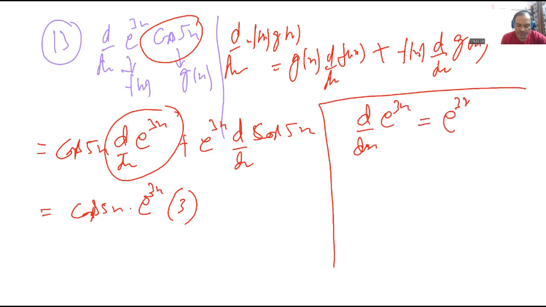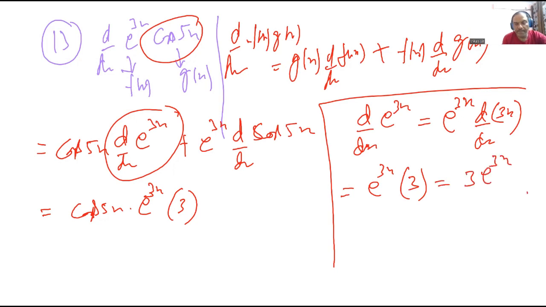Here it means e raised to power 3x. But actually it is not x, it is 3x. What it means is that you have to differentiate the 3x also. And if you differentiate 3x, you will have e raised to power 3x times 3. Therefore, you will have 3 e raised to power 3x. This way you are getting it.